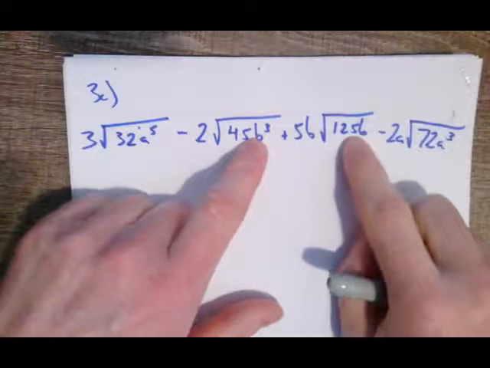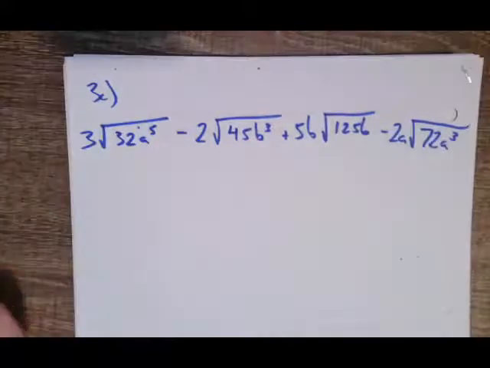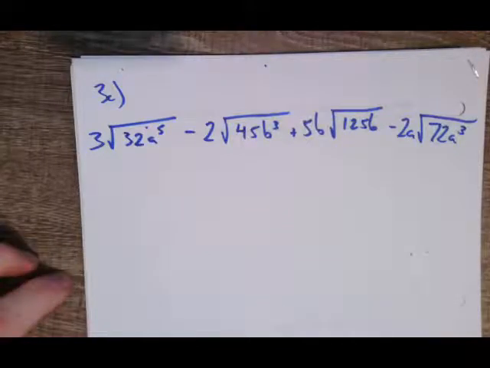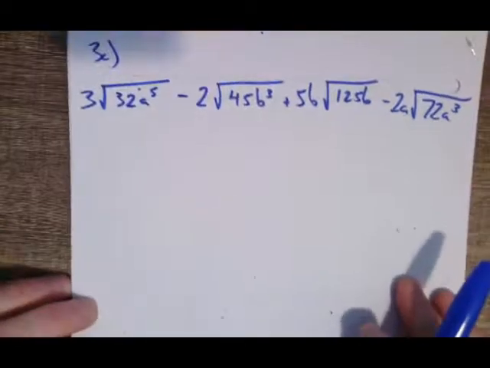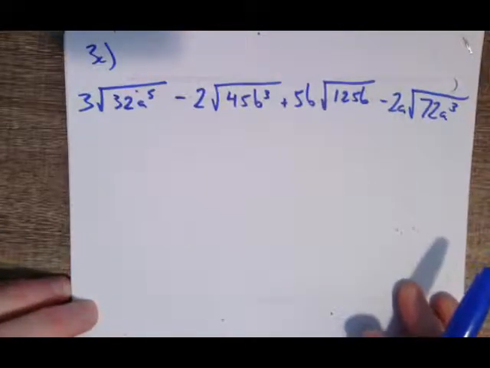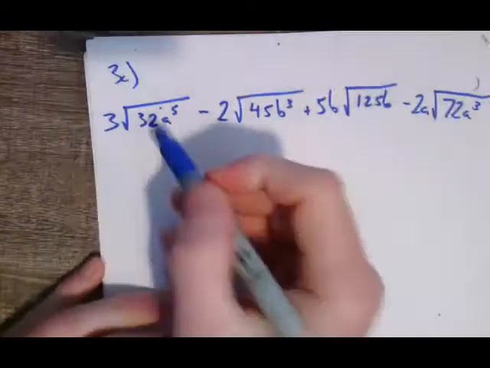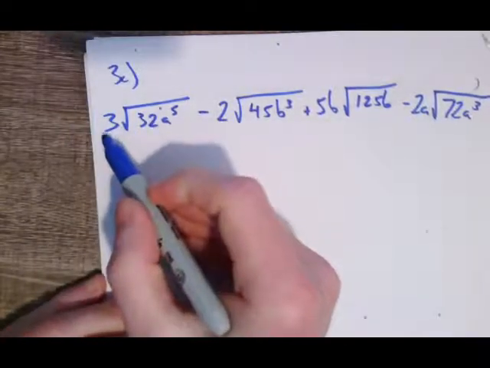Both of these b's will just be b to the 1 when we're done with them. And I'm wondering how to show this to you. I want to do it on a separate page because it's going to become a mess on here, but I'm just going to do it here. Hopefully it makes sense.